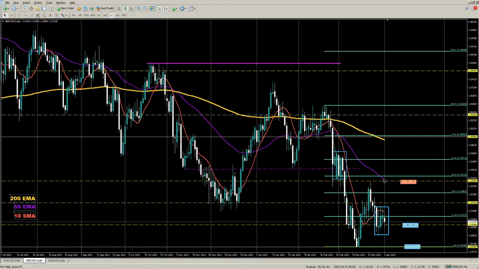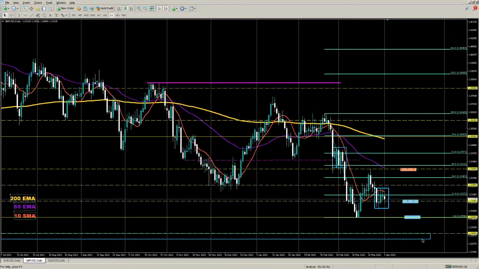So significant resistance up here at the 133 with the daily 55 coming down. It needs to either break out higher above the 132, then it can target that zone. Otherwise, if it drops, there is significant support from below.